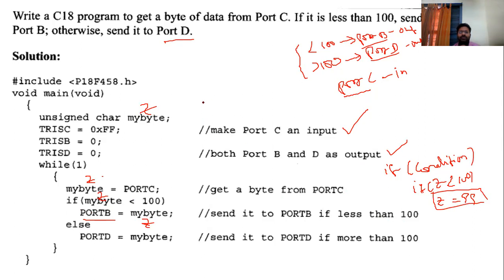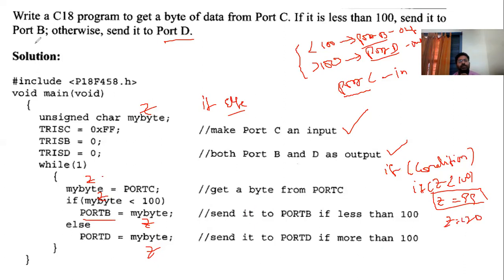If else statement. If and else, a simple statement. Else, you can send the information to port D. For suppose I consider Z equal to 120 and port D. For suppose they can give three conditions here. For the same program, you can show another program.